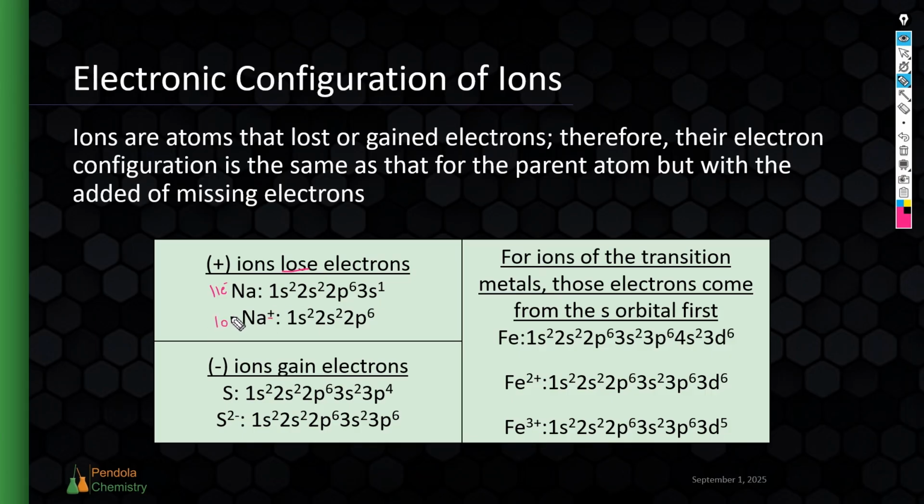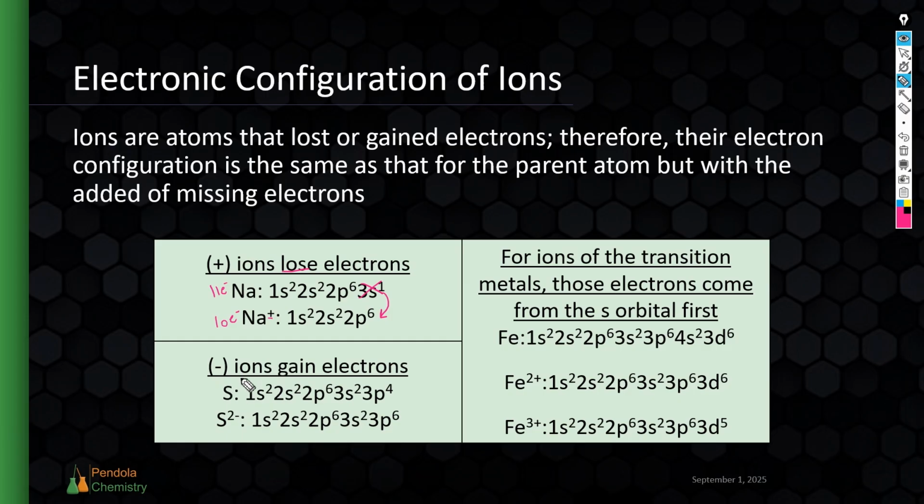So instead of having 11 electrons, we have 10 electrons. Well, all we have to do is grab this very last electron from 3s and remove it to get the electron configuration for the sodium ion. The difference between the sodium ion and the sodium atom's electron configurations is literally just the 1 electron that is lost. And that's because it's a cation, so we remove the electron.